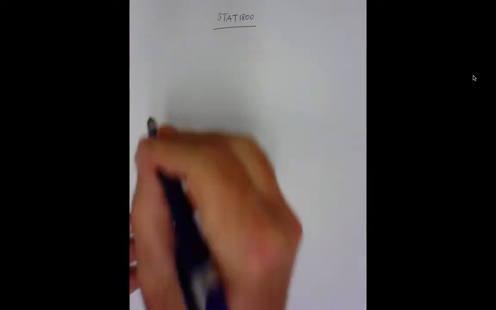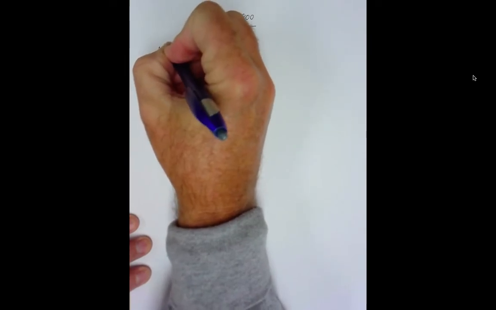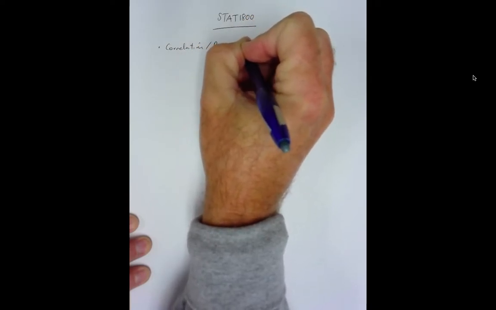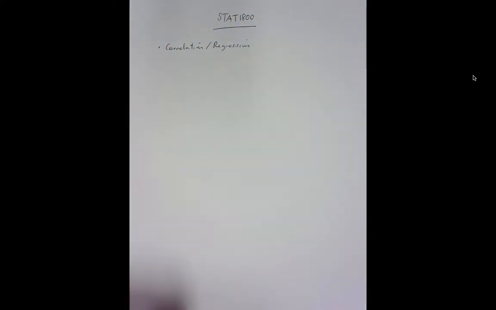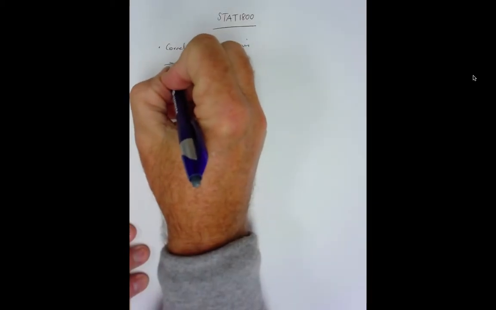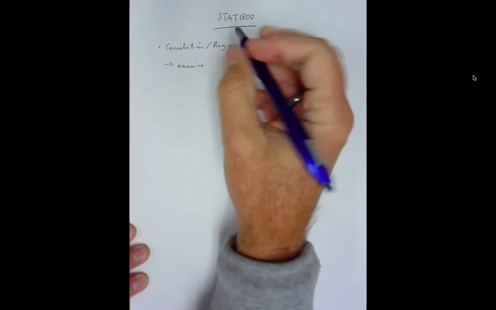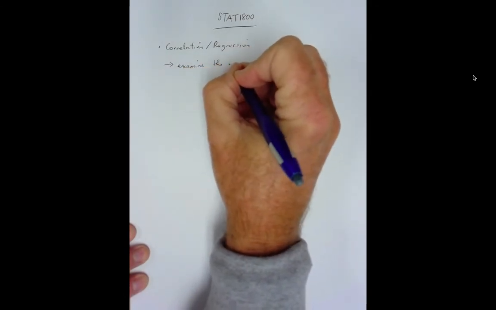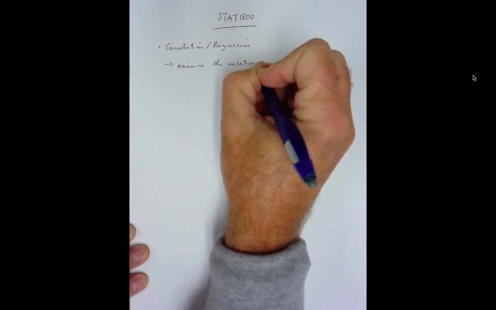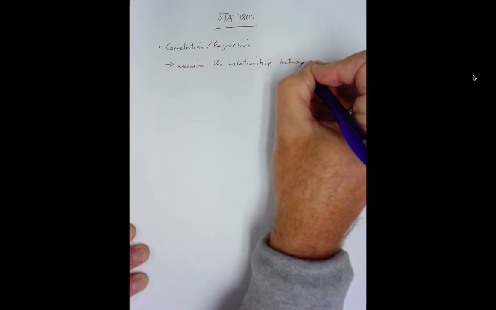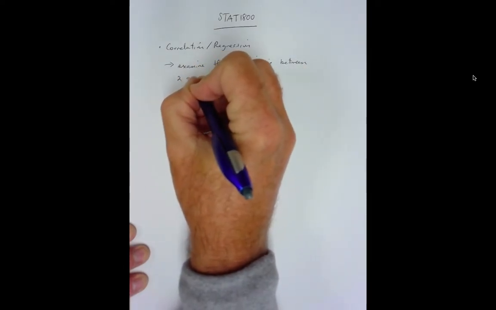So, guys, at the end of the day, what I hope you've taken away from the previous videos is that we're studying correlation and regression, and the purpose is to examine the relationship between two quantitative variables.